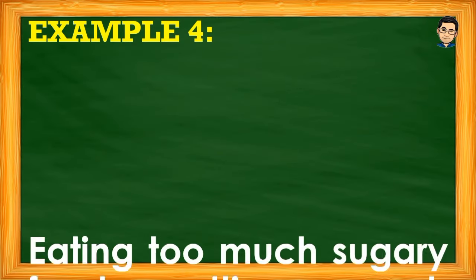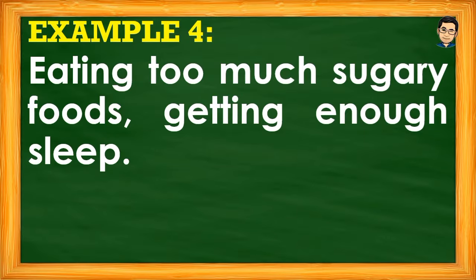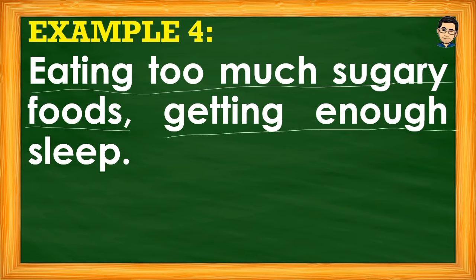So, example number 4, eating too much sugary foods, getting enough sleep. So, our first event, eating too much sugary foods. Ito po yung mga pagkain na matatamis. And then, second event will be getting enough sleep. So, yung result pa ng first event, nakaka-apekto ba sa result ng second event? The answer is yes. So, kapag ang tao, base sa pag-aaral daw, kapag mahilig siya sa mga matatamis na pagkain, sa mga sugary foods, nakakaapekto po yun sa ating pagtulog.